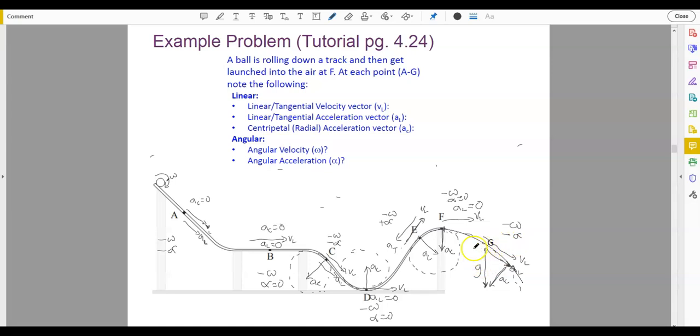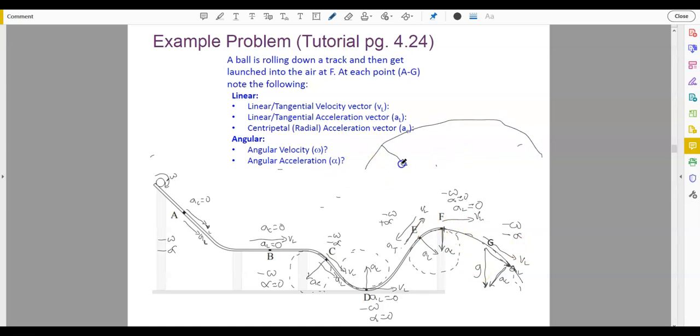So it's weird. Once a ball gets launched in the air, it will have a constant acceleration vector down, right? And that would be downward by gravity. But really, from a matter of perspective, that gravitational acceleration vector is the total acceleration, or the addition of a tangential acceleration and a centripetal acceleration. And it just happens to add up to be g no matter where it is when it's in this type of motion.